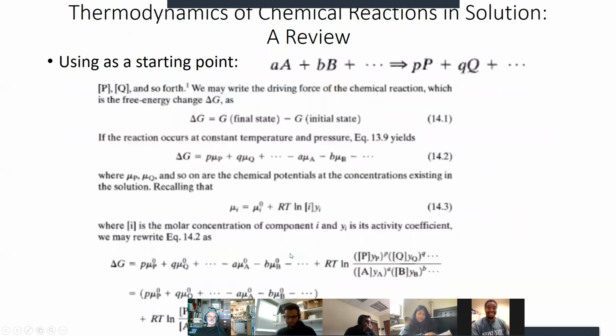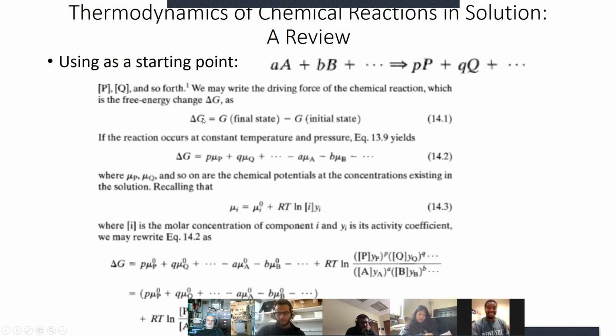All right, so this chapter begins with this expression. They write down this very expression, AAs and BBs going to P. In this case, they've changed it to P and Q, all right? And then they write down a general expression. This is written in the previous chapter as G final minus G initial.